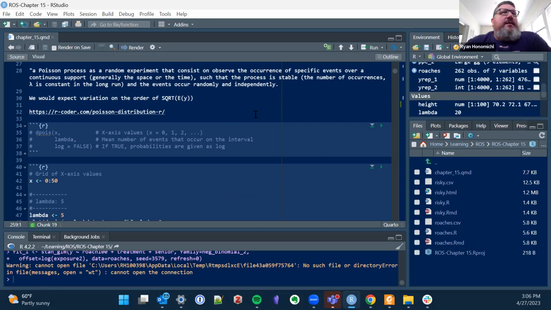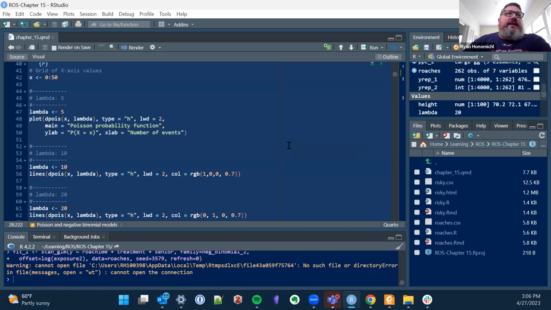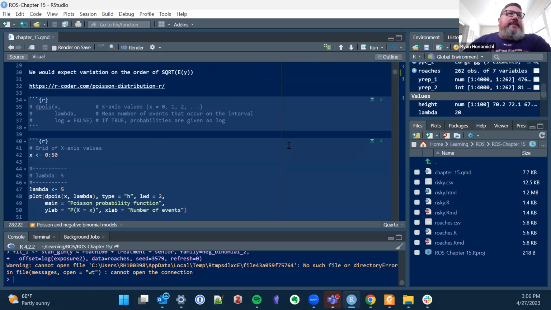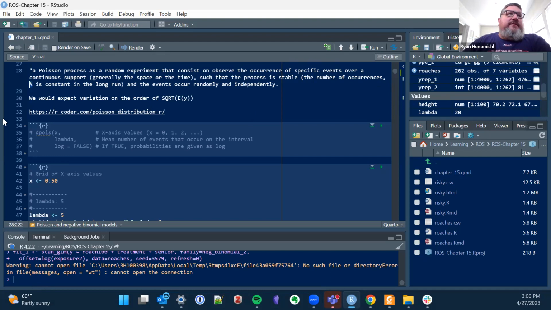What we typically use is lambda, the number of occurrences, which is the thing we're trying to predict. So we don't really have a variance statistic here. We're just taking the square root of the expected value of the outcome. That's basically it.